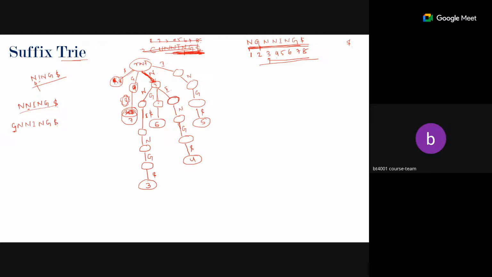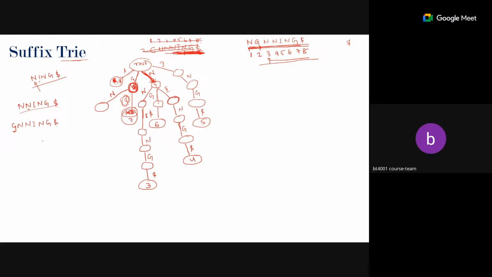So we will traverse along this particular edge and we will reach this node. From here we will look for the character N now. Here we don't have the character N, only the character dollar is there. So there is no edge representing the character N, so we will add an edge for the character N over here. Now this node doesn't have any children, so I don't have to look for more children.